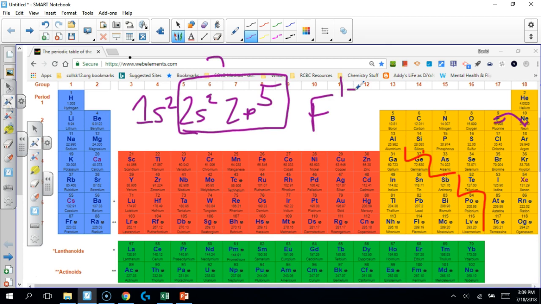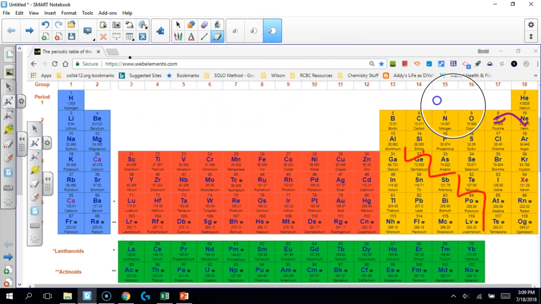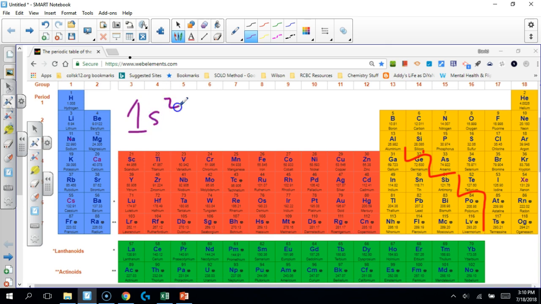Let's take a look at the metals now. This is a little different and can be a little more challenging to see. Let's take a look at sodium. Sodium has an electron configuration of 1s2, 2s2, 2p6, 3s1.